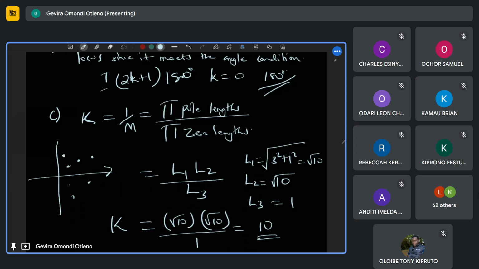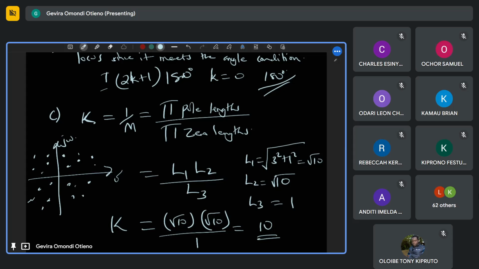All these are points. Are we going to test each point one at a time, both for the angle and magnitude condition? Because we need to know whether it lies on the root locus and we need to know its corresponding gain. So you can imagine being given 1,000 points on the S-plane and you're supposed to test whether they meet the angle and magnitude condition. It is a very tedious process.